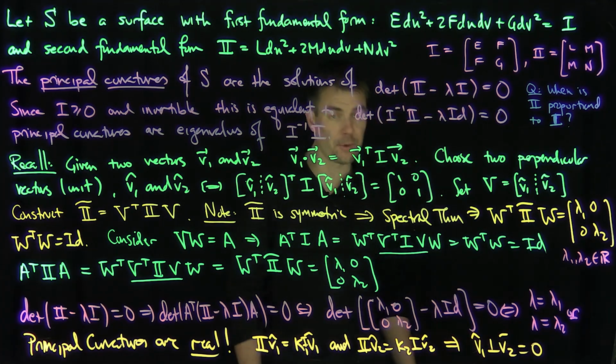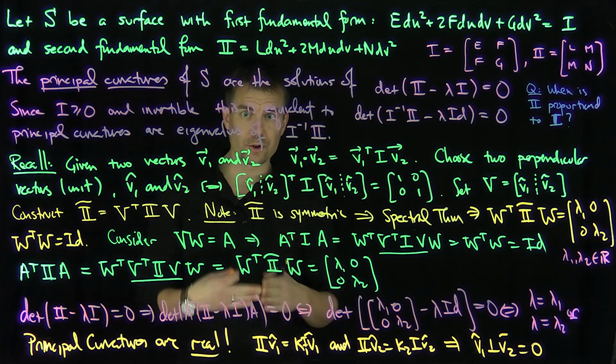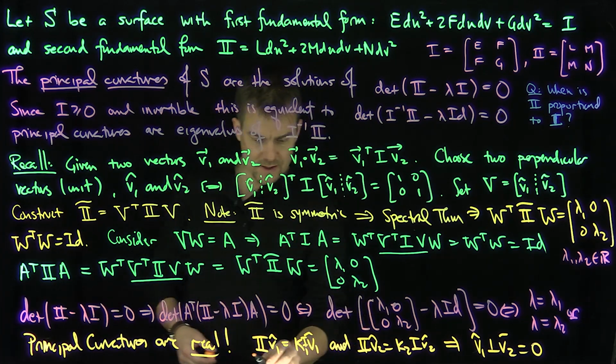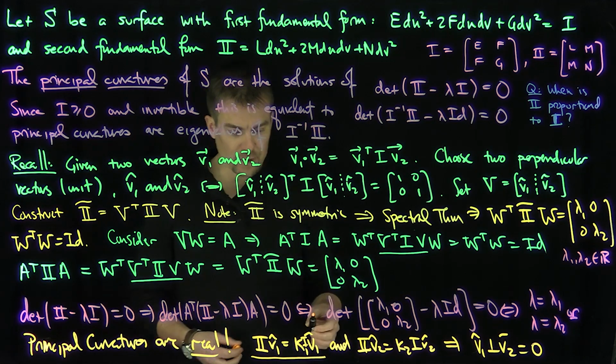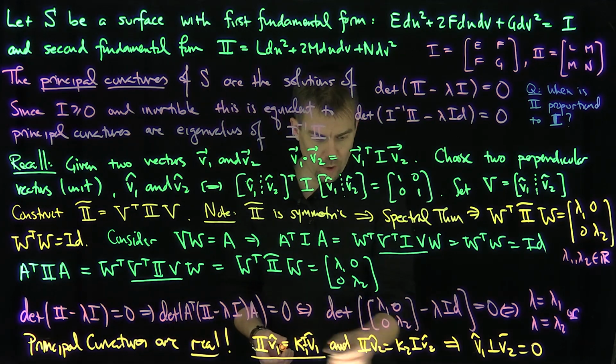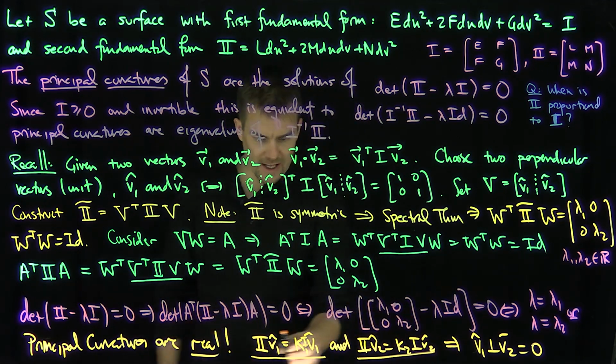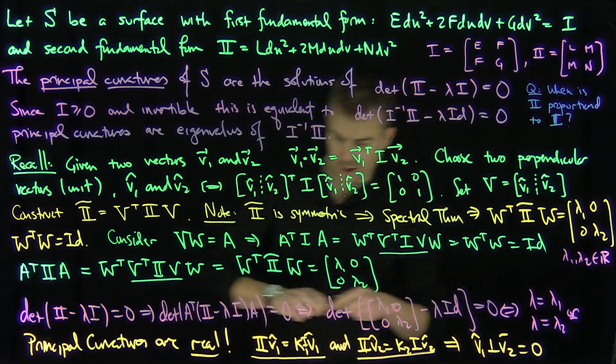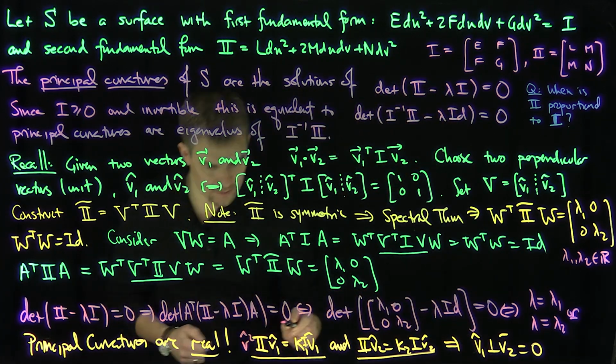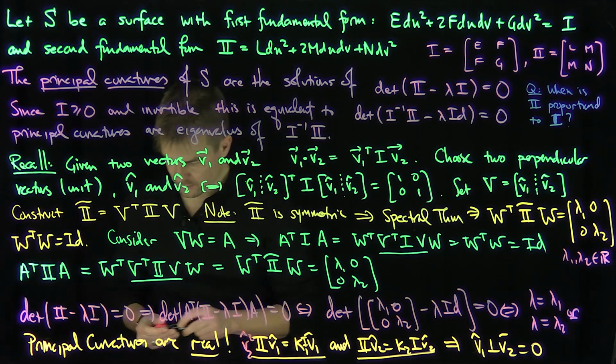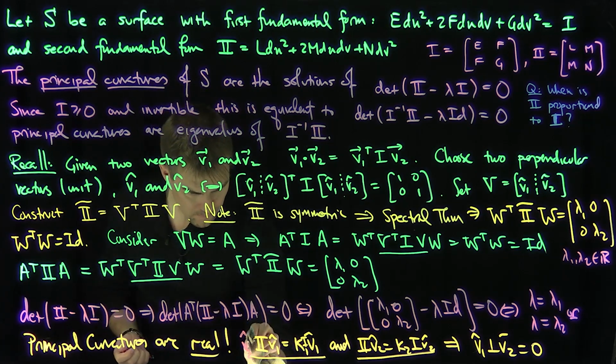So in other words, not only that, but these directions of principal curvature are perpendicular to each other, right? So this is the eigenvalue, eigenvector equation for kappa 1. This is the eigenvalue for kappa 2. Again, if I hit this with what? If I put a V2 over here, V2 over here, that's going to be a V2 like that.